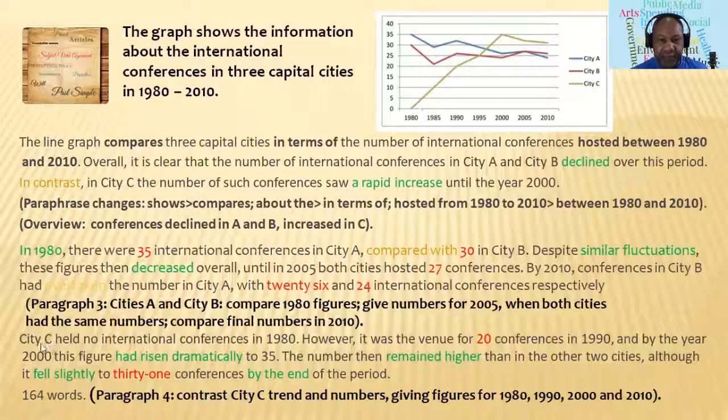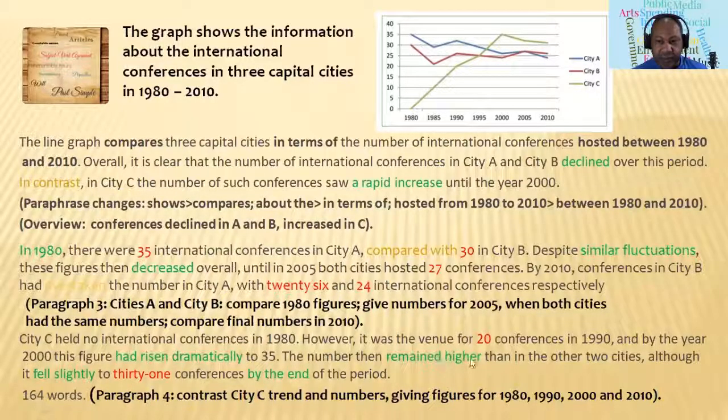Then the next paragraph, clearly City C. City C held no international conferences in 1980. There. However, which tells us this is going to change. It was then the venue for 20 conferences, exactly, in 1990, and by the year 2000, this figure had risen dramatically to 35, correct.